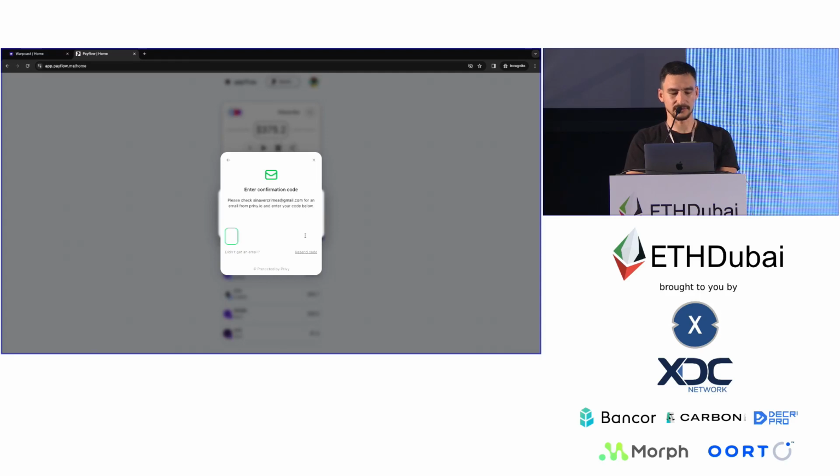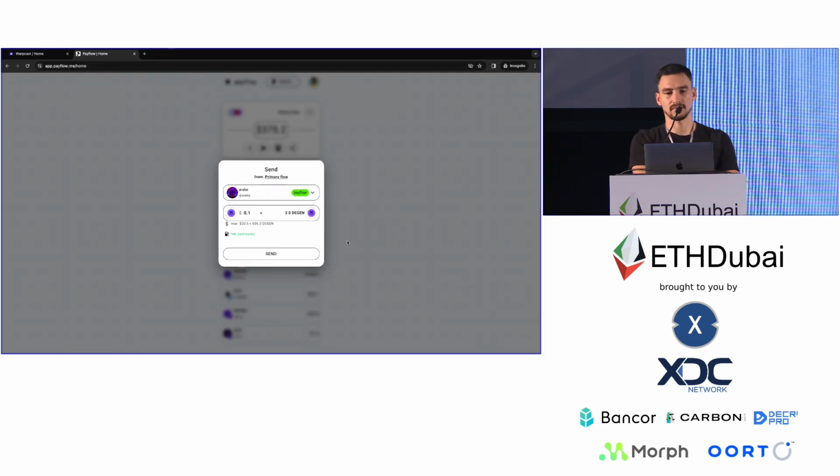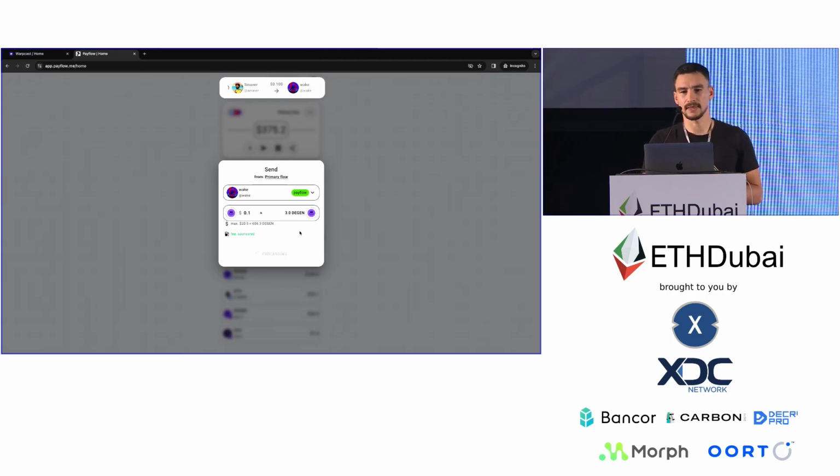And I just need to enter some code. And I can just pay. It's all signless, and the users have already smart wallets created for them.